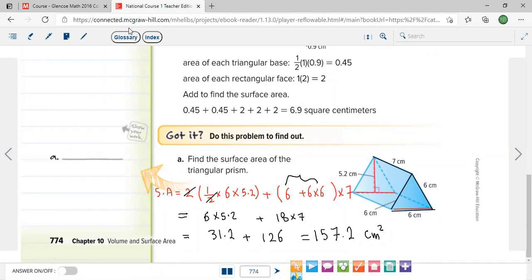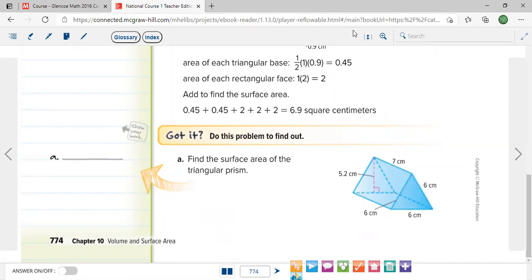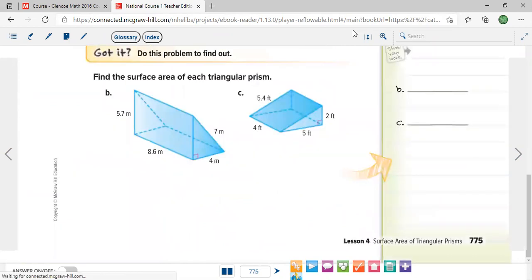Now, moving on. So, let me give you the rule I'm working with.